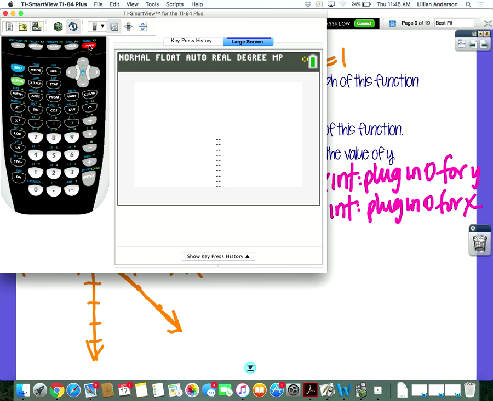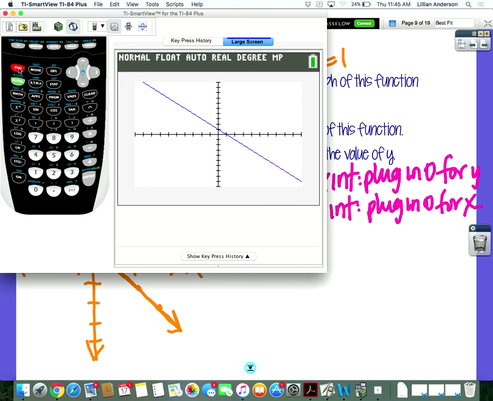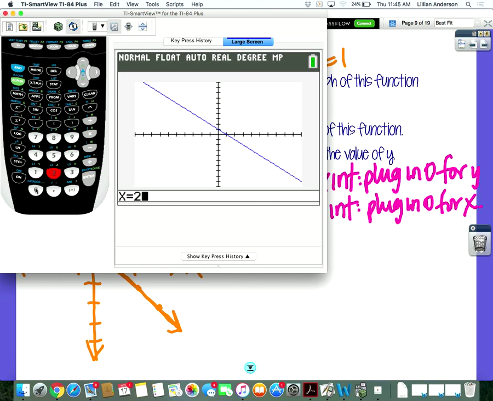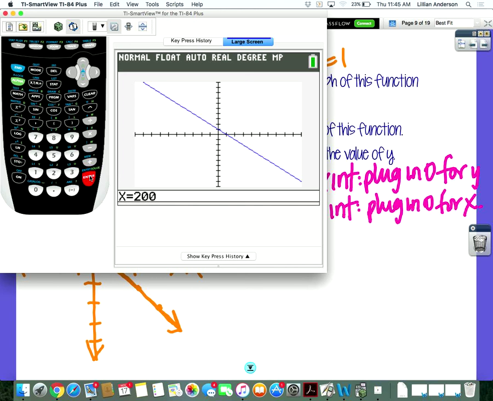Another way you could have done that is you could have looked at the graph. You could have gone to second trace and did option 1 value and typed in 200. Oh, I gotta actually open up my window to be 200.